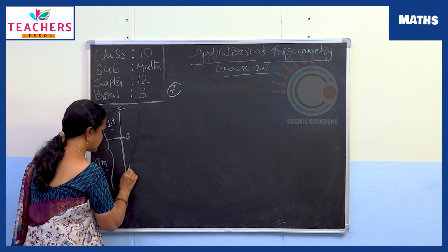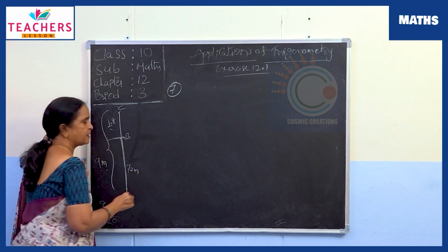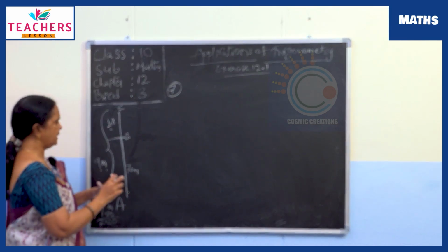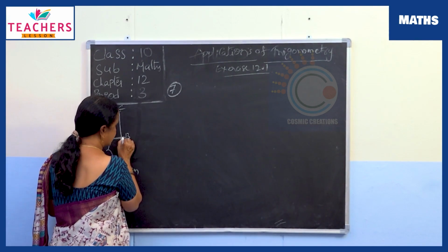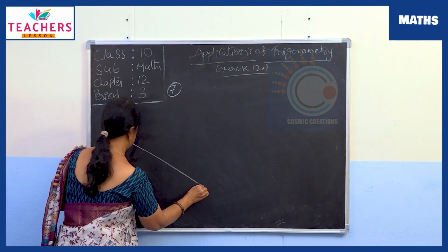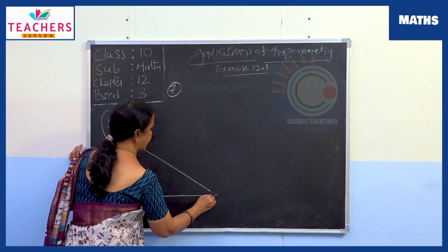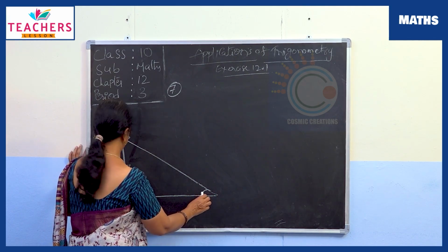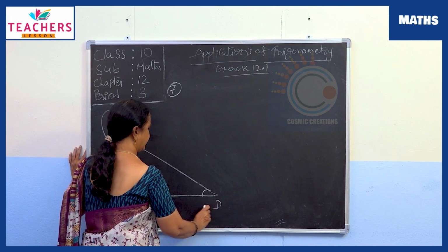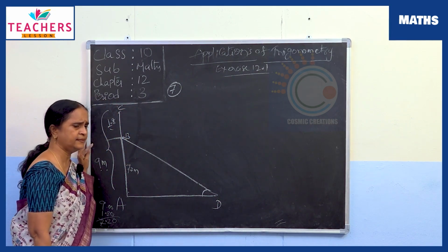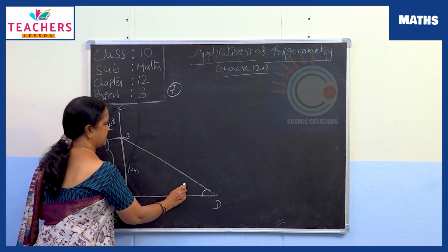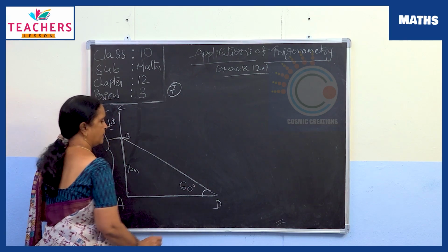AB is 7.2 meters. So far you got it? Then the ladder is kept here and put like that. With the ground the ladder is making an angle, D I am writing here. What's the angle? 60 degrees. Now what to find?